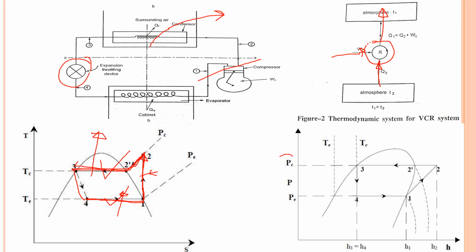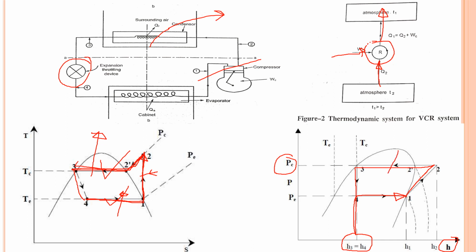If we talk about the PH diagram, that is the pressure enthalpy diagram, then the 1 to 2 process takes place in the compressor. 2 to 3, condensation, is a constant pressure heat rejection process. 3 to 4 is an isenthalpic process, you can see H3 equals H4, and 4 to 1 is again a constant pressure heat gaining or absorption process.